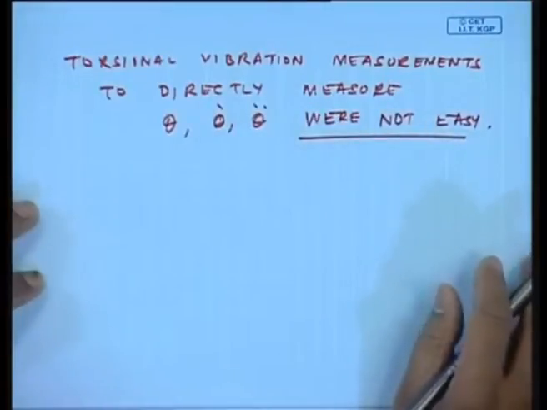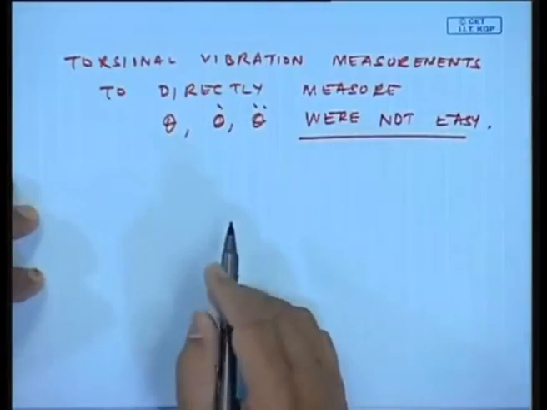But as you all know, the phenomenon is actually a torsional vibration. If there is a defect in a shafting system or a machinery carrying a pulley supported on bearings, if there is a defect occurring in the shaft, it is actually a torsional motion, and this torsional motion could be very easily understood if there was a system to measure these torsional vibrations.